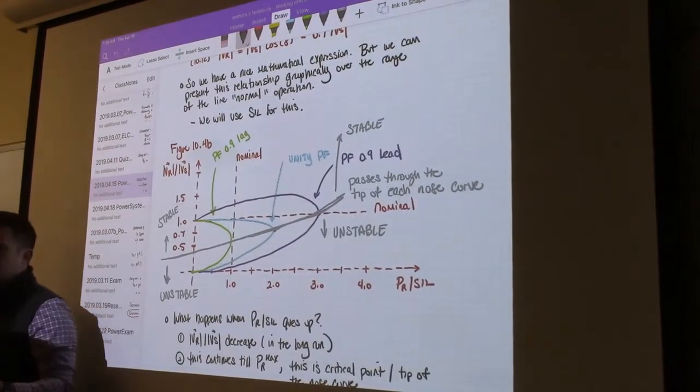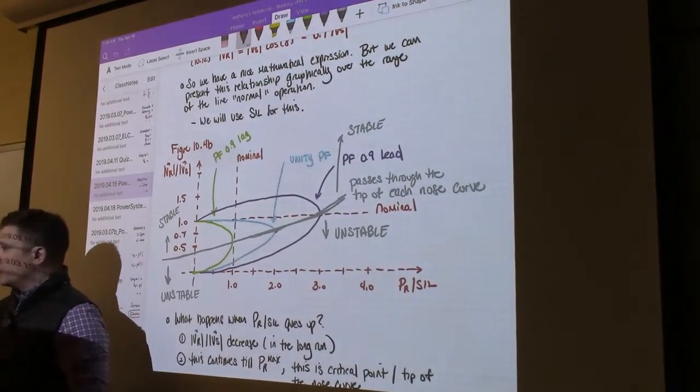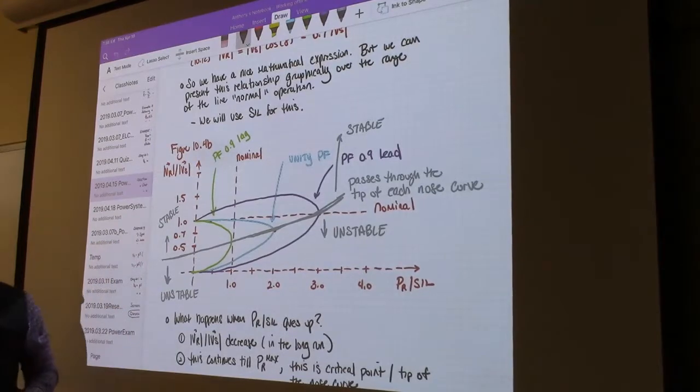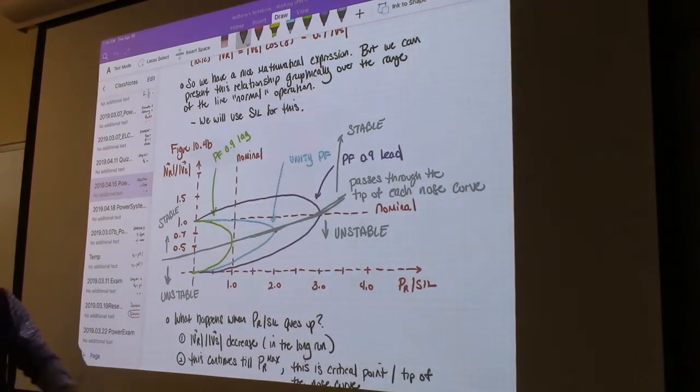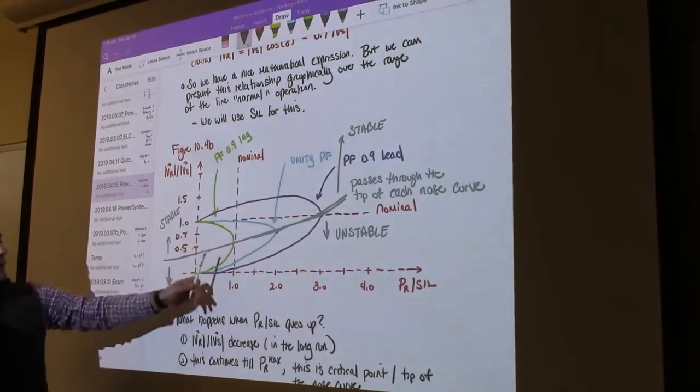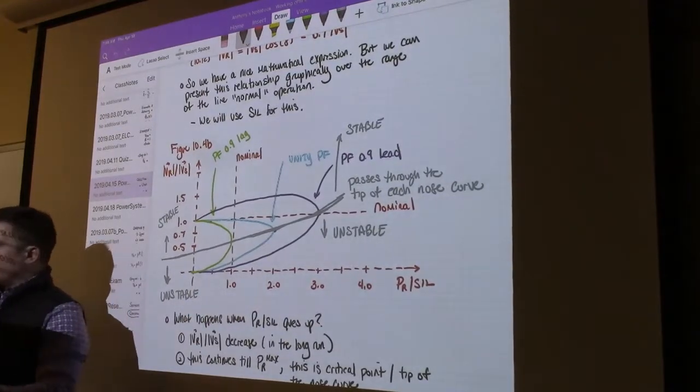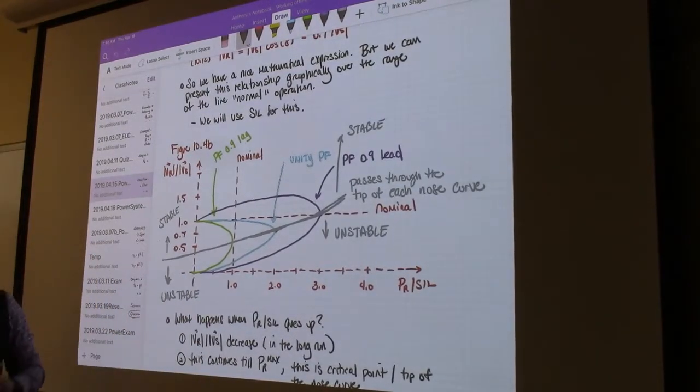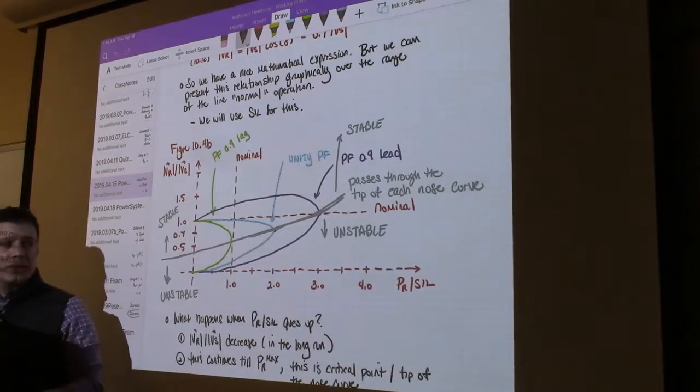Remember, the SIL is sort of like the nominal value that we have for the load. So this right here, 1.0, is like it being loaded normally. The further you go to the right, the more heavily you're loading the system.